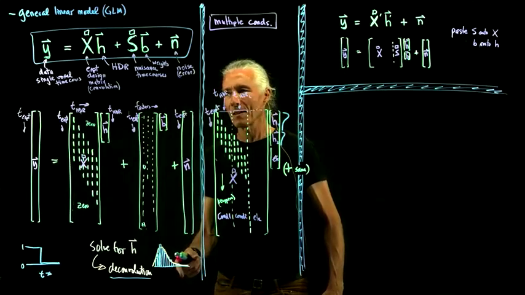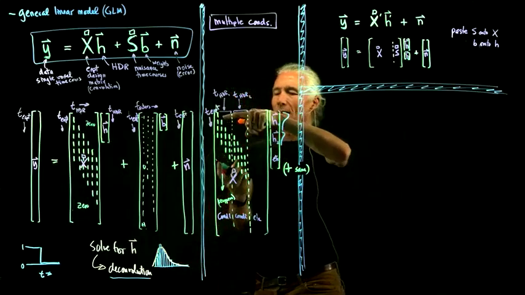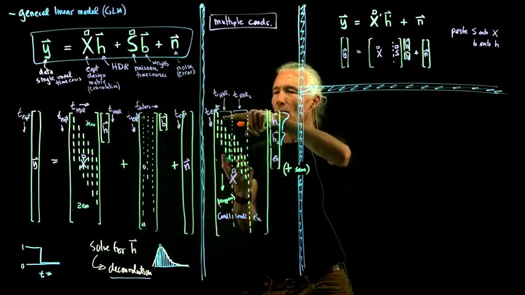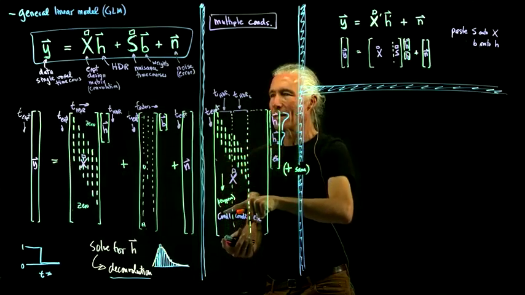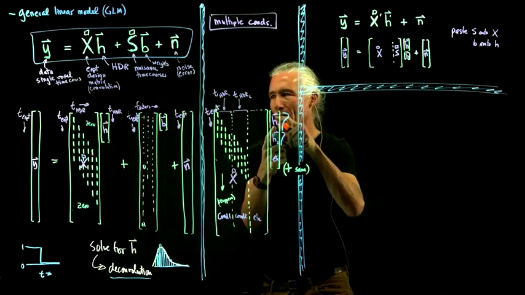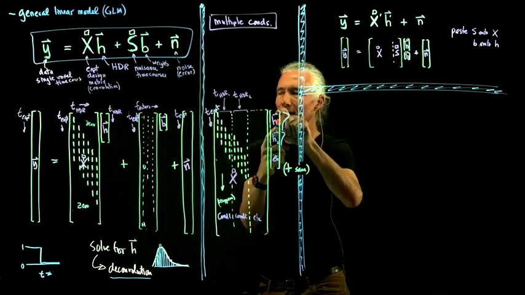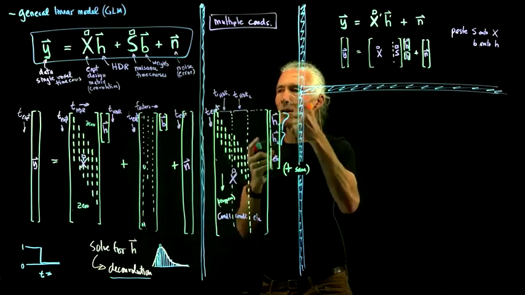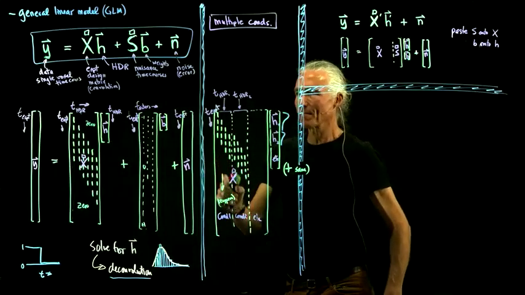and those unknowns are across every repetition of a particular condition. So here you did condition 1 once, and then you did condition 1 later in the experiment a second time, but it's multiplied by the same hemodynamic response function 1. So you're solving for a hemodynamic response function that is across all the instances of one kind of stimulus.